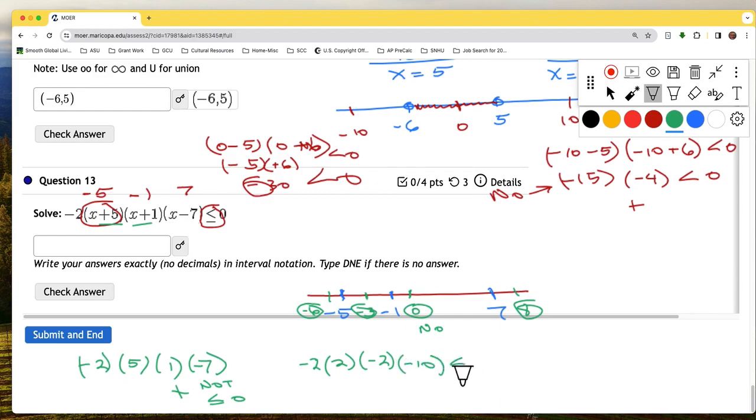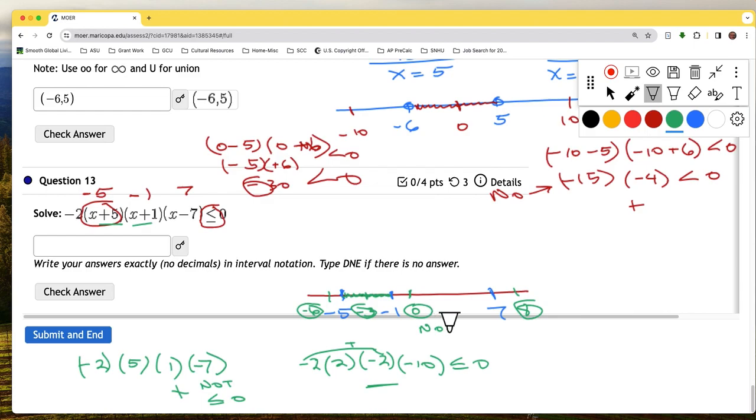Again, I don't really care so much about multiplying this out, but a negative times a negative is a positive, and times that positive, we get a positive, but then we have this negative. It's going to be a negative number, which is less than 0, so when we plug in -3, this is part of the solution. This is going to give us a part of the graph that's less than 0.